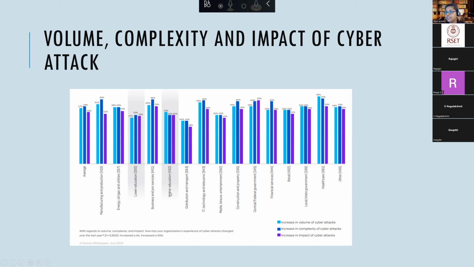Whereas for higher education, there is a 53% increase in the volume of attacks, 50% increase in complexity, and 50% in the impact of the attack. Again, as you can see, year by year, the complexity, the number of attacks, and the impact they create are increasing.